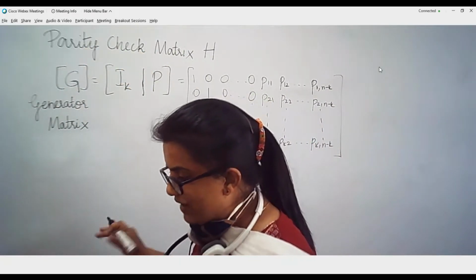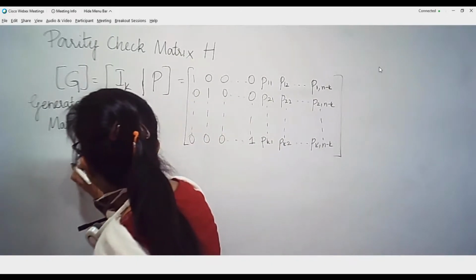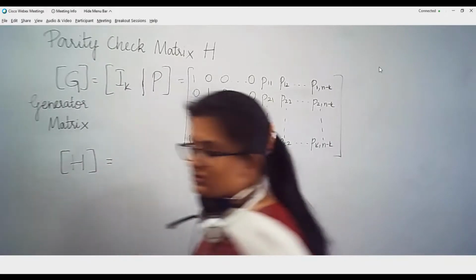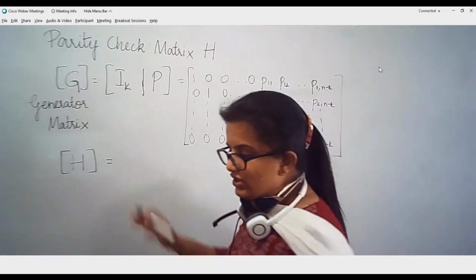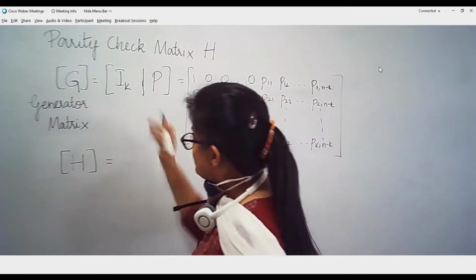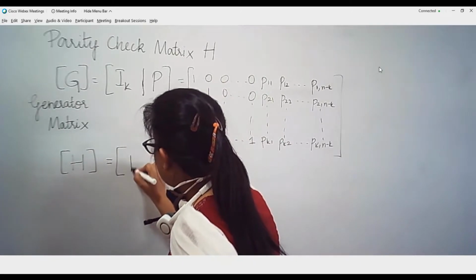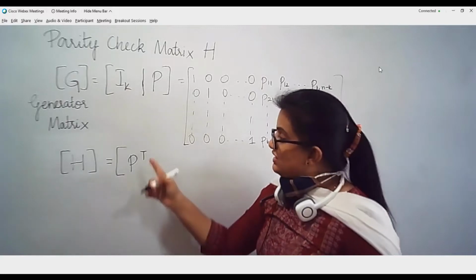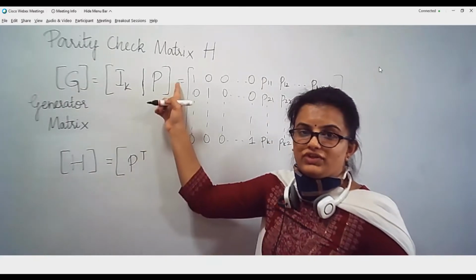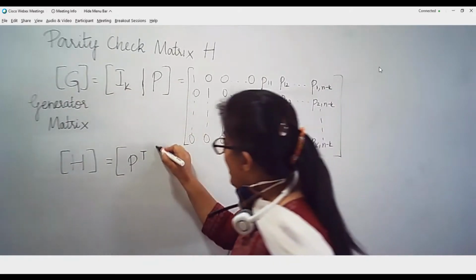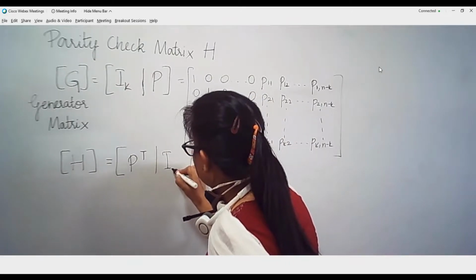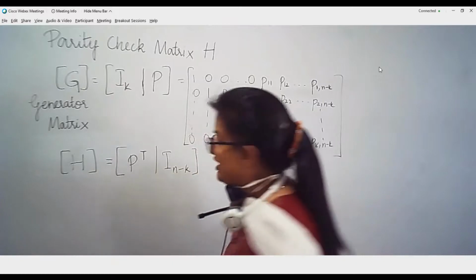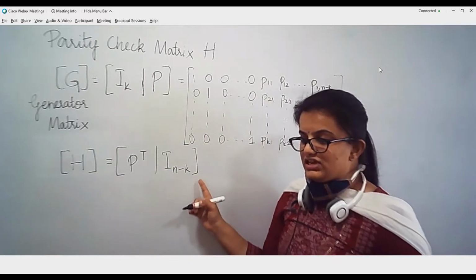So how does this parity check matrix look like? The parity check matrix H is obtained by altering the same generator matrix, where the first part of the parity check matrix would be the transposed version of the parity matrix P, appended by the identity matrix I of n minus k.